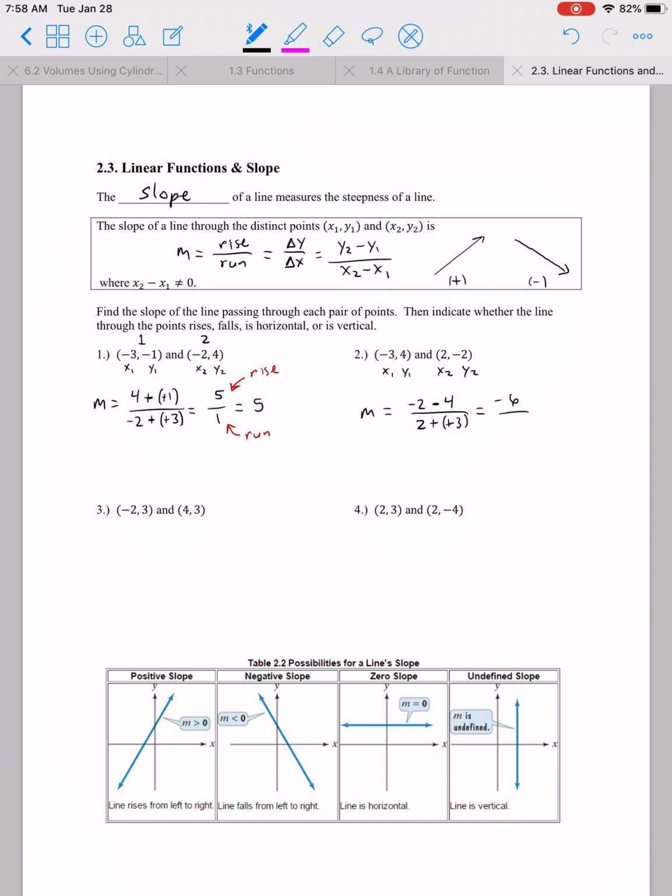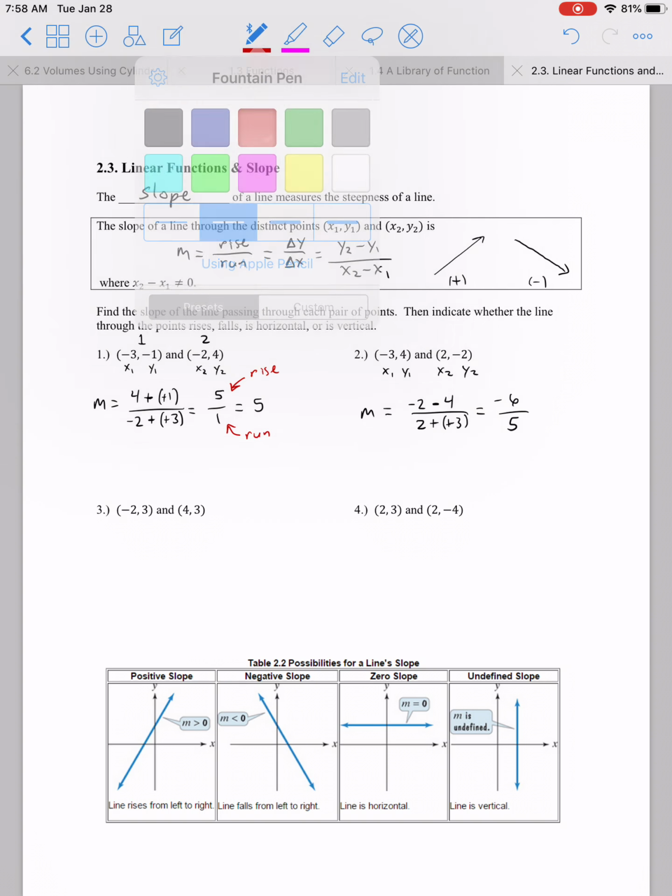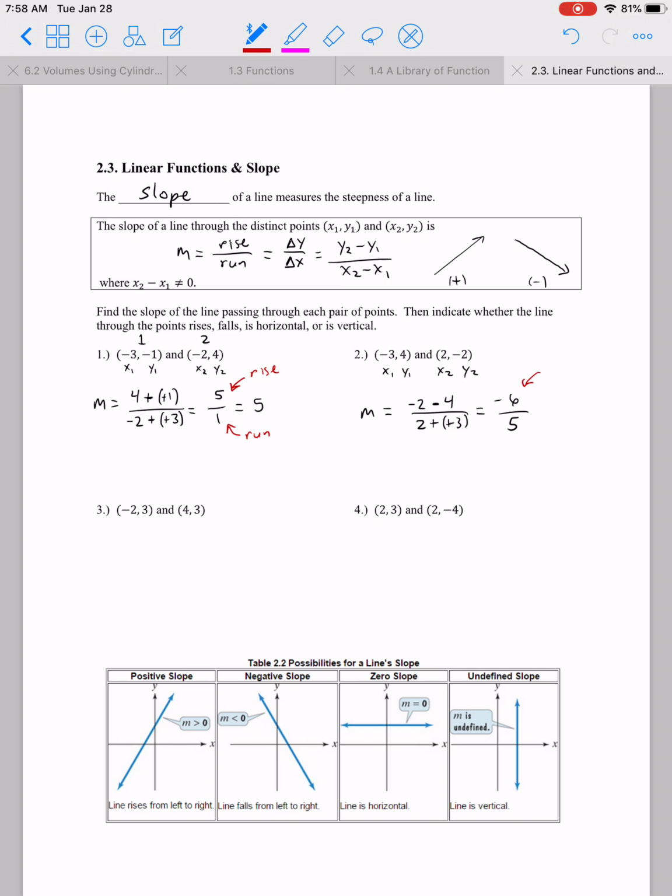And so 2 plus 3 is 5. So this is a negative 6/5. That means this is actually a falling slope, where if you're moving left to right, you'd be going downhill. And what that means is your rise would be negative 6, so you basically would fall 6, and then you would move in the positive direction 5. This is your rise, but you're basically going to fall 6 because it's negative, and this is your run.